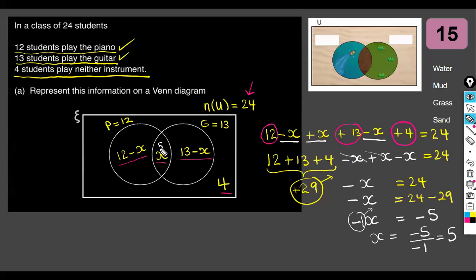We can replace this X with 5, replace this X with 5, because we have just solved for X. You think you all could simplify the diagram now? Simplify 12 minus 5, put one answer. 13 minus 5, put one answer. And the middle is officially 5 now. Only when you're substituting 5 and you simplify each portion, then you're completely finished with the diagram.